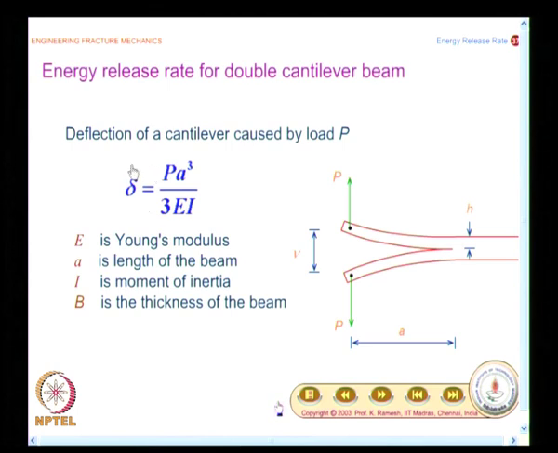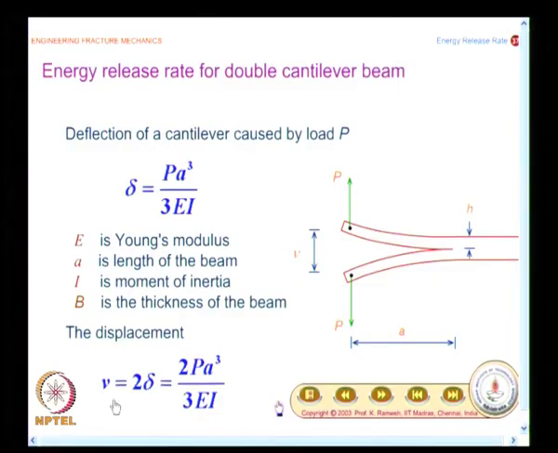This is a free end deflection of a cantilever beam. I have one beam here, another beam here. So, make a neat sketch of it and then write down what is V. So, the displacement what we get as V equal to 2 P A cube by 3 E I.